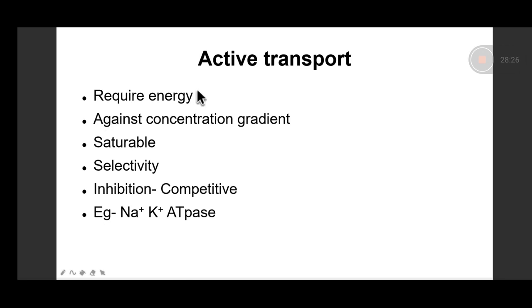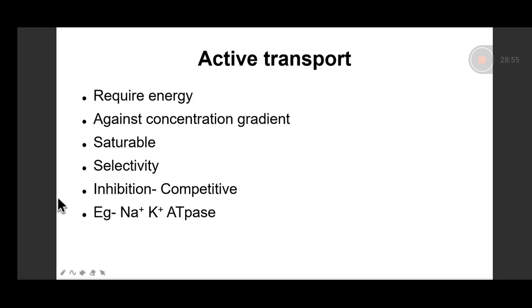Now, the second way of drug transport is active transport. And active transport, you all know, requires energy. It is against a concentration gradient. This process is saturable. It is highly selective. It can be inhibited using drugs competitively. Inhibition by competitive inhibitors as well as by non-competitive inhibitors. And we'll talk about all these inhibitors much later.